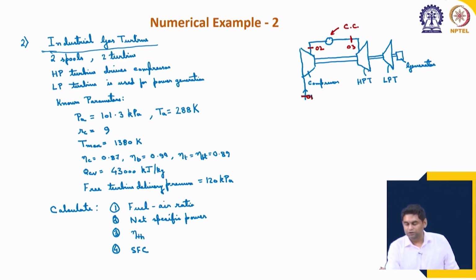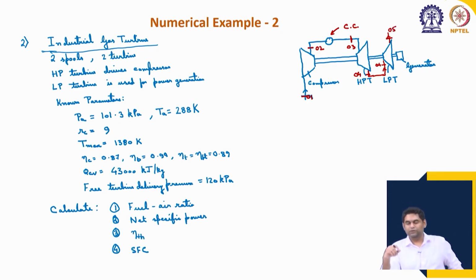From 03 to 04 is the expansion in the high pressure turbine. Then the gas is routed to the second turbine and it enters the second turbine at state 04 and comes out at state 05. Okay. So, exhaust gases go out at state 05.